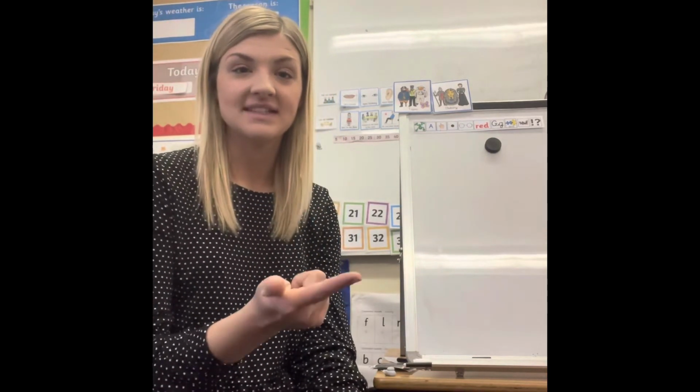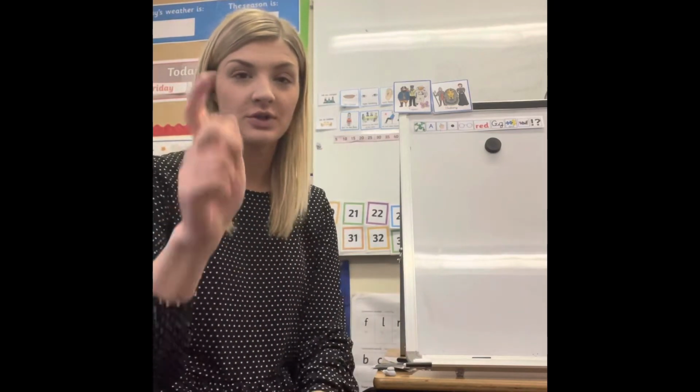Now Miss Ford sorted the pictures into the orders that she thinks. She's going to write some simple sentences to explain what she thinks is happening in each picture. Remember, capital letters, finger spaces and full stops. You're getting really good at this.